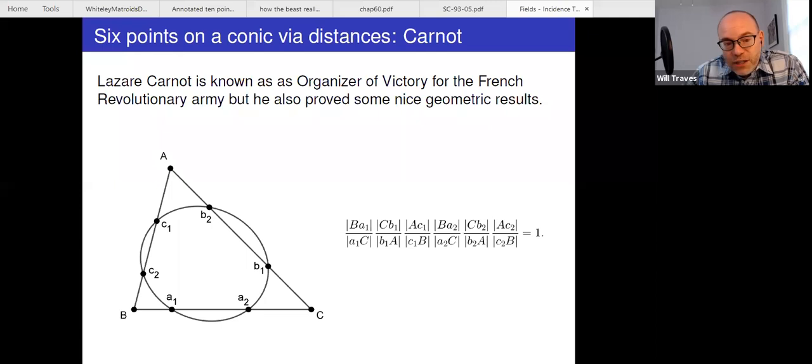And then when he was ousted from the French Revolutionary leadership group, he actually managed to retire and keep his head, which is a pretty impressive thing. He spent most of his time proving some pretty nice mathematical theorems after that. So he kept his head lower.